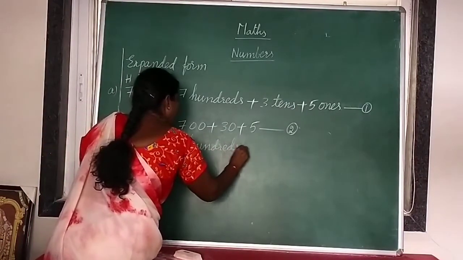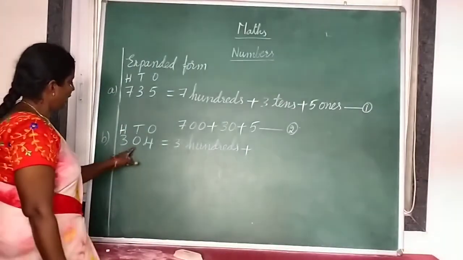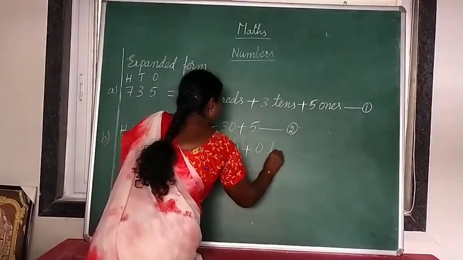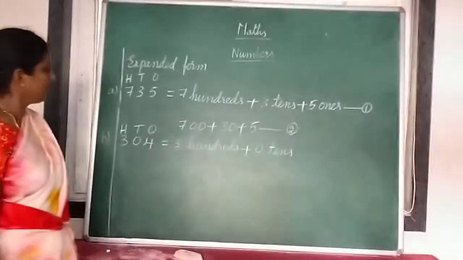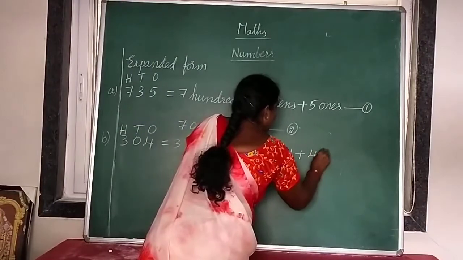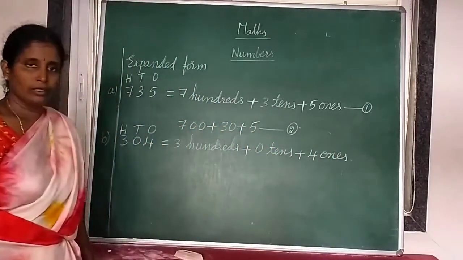Plus how many tens are there? 0 tens. And how many ones are there? 4 ones. So is it finished? Yes.